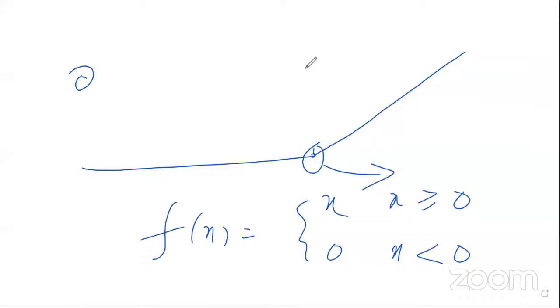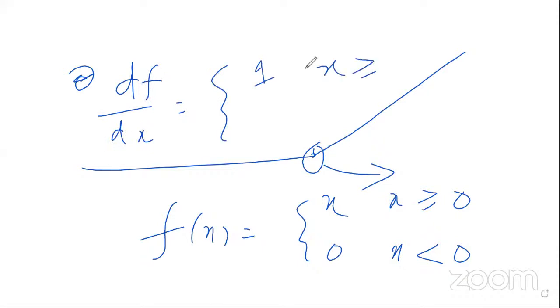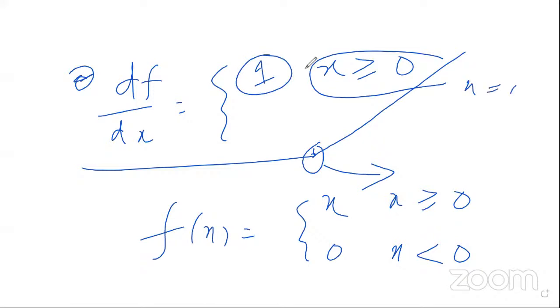So what we do is that df by dx you can define as 1 for x greater than or equal to 0. Here we can give any value. This is the point x equal to 0 where it is not actually defined, but you can extend this for one point at 0.